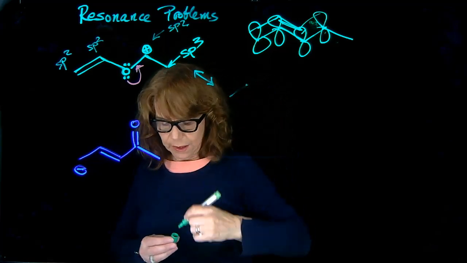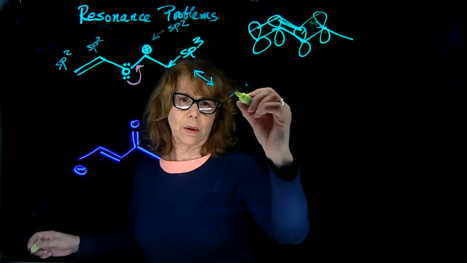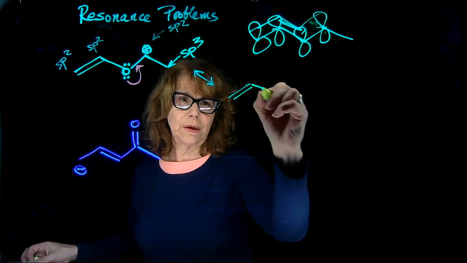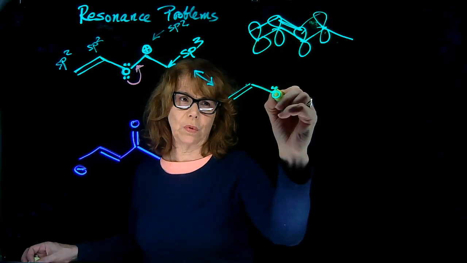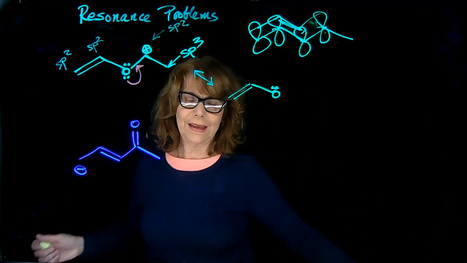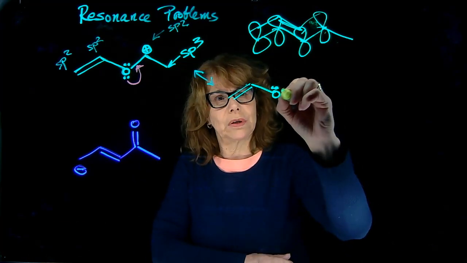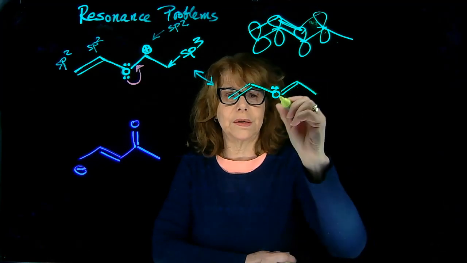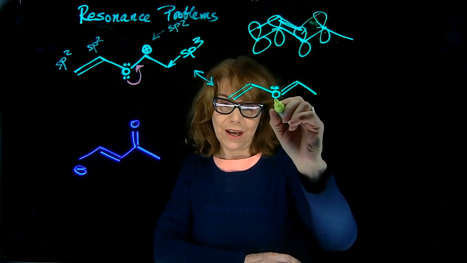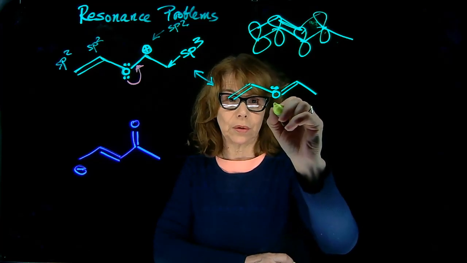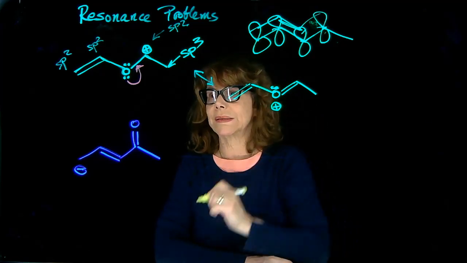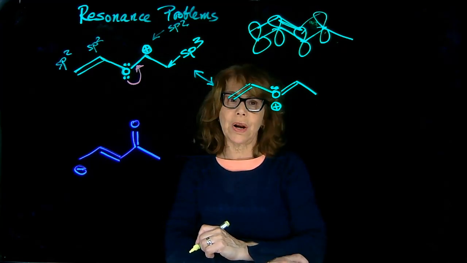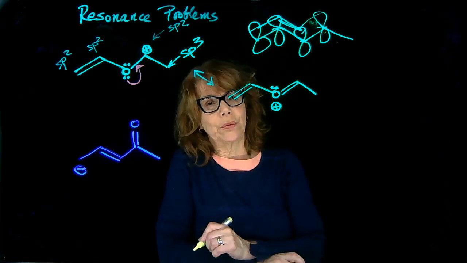I'm still going to have the double bond here at the end, and I'm going to have an oxygen with one lone pair, and a double bond here, and that's it. But now, notice, oxygen has 3 bonds and one lone pair, so that's formal positive. So that's one structure. And what else can we do?